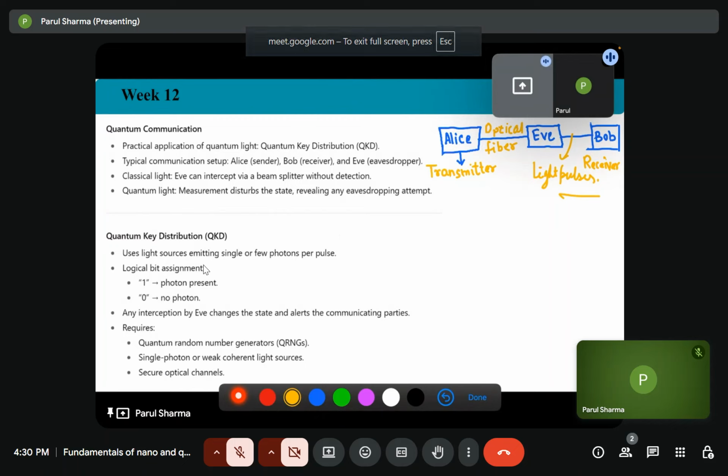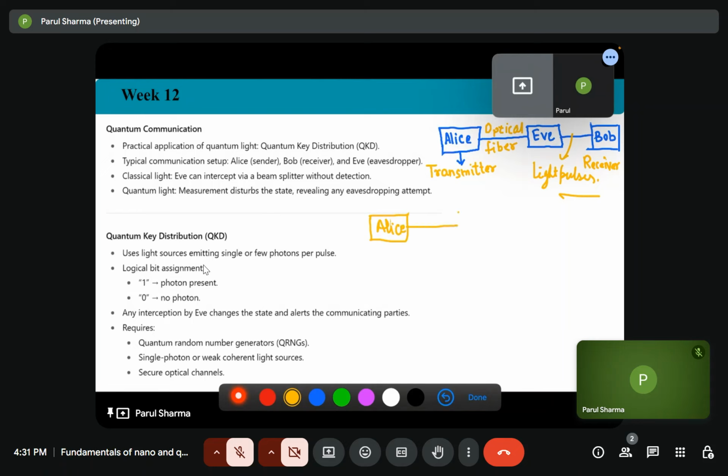In the classical approach, suppose we are sending 100 million photons.